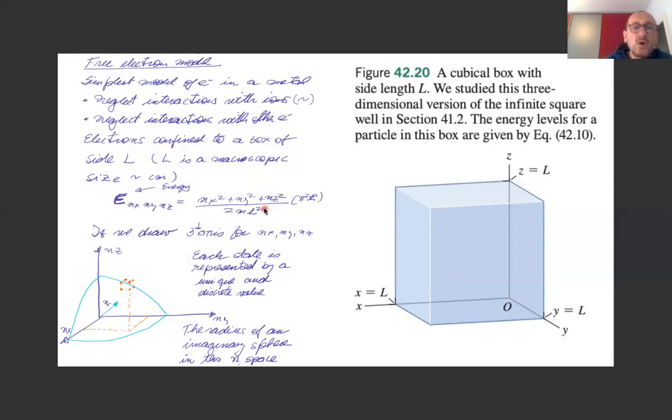And so all the points in x, y, and z that live on the surface of this sphere have the same energy. So I want to know exactly those. If I reduce the radius of the sphere, I will have another sphere that goes inside that has a different number of energy states available.